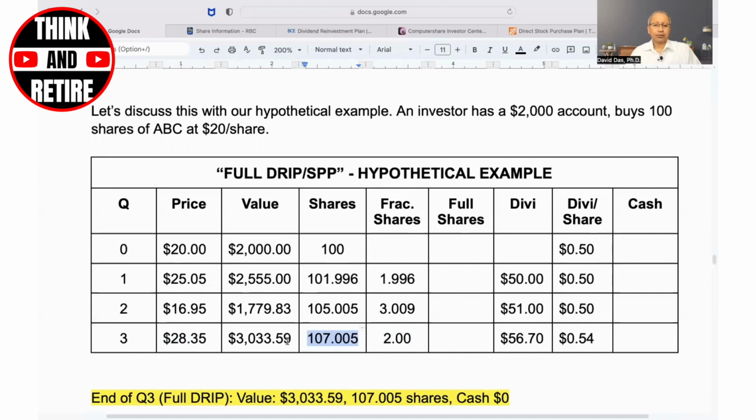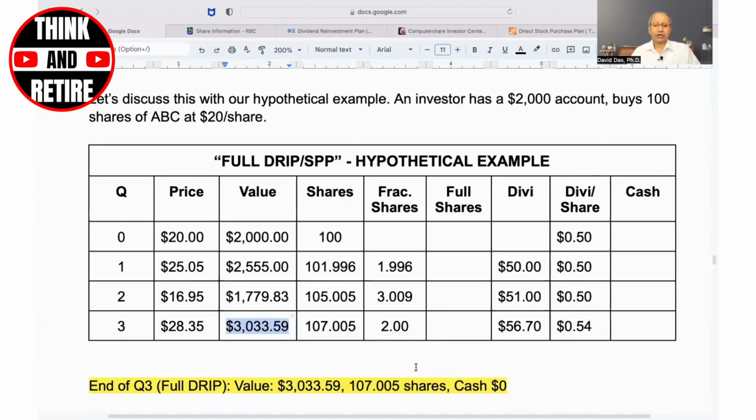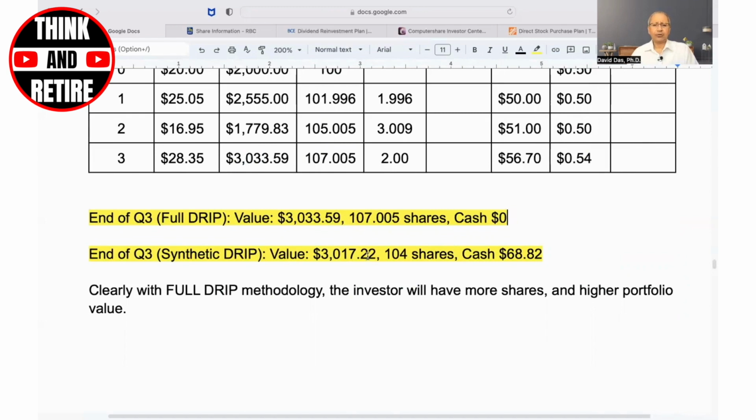The value of the portfolio will be this times 28.35, which comes to $3,033.59. The amount of shares will be 107.005, and the cash will be 0 because all the cash is reinvested into the shares. So if you want to compare this with the synthetic drip, it will have a portfolio value of $3,017.22, whereas with the full drip, the value is $3,033.59.